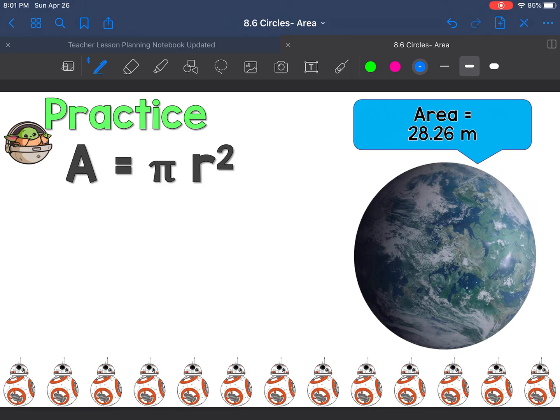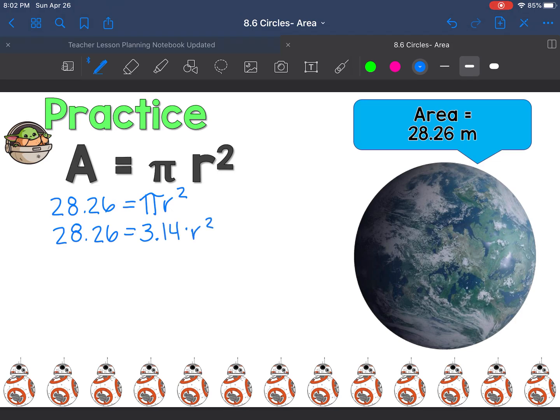So once again, I'm going to plug what I know area is into my formula. So that gives me 28.26 equals pi times radius squared. Now I need to rewrite my pi as 3.14 times radius squared.